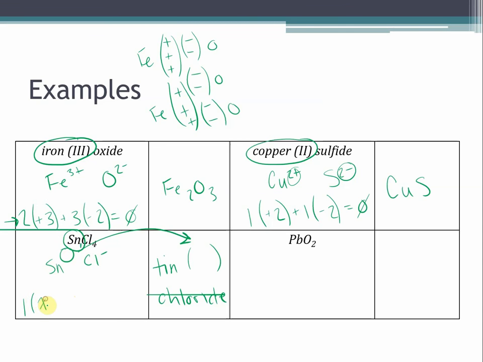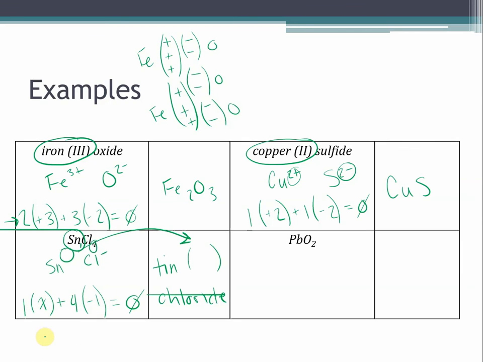But we know that when we add it to 4 chlorides, and each of those chlorides has a -1 charge, as they always do, this has to add up to 0. That's how ionic compounds work. When you add up all the charges from your cation plus all the charges from your anion, it has to be 0. So we can use this to find the charge of tin.